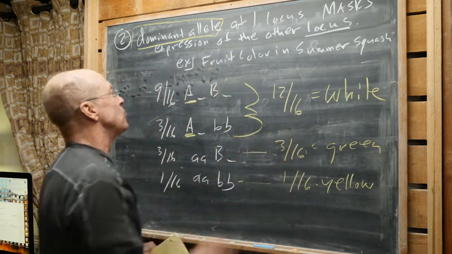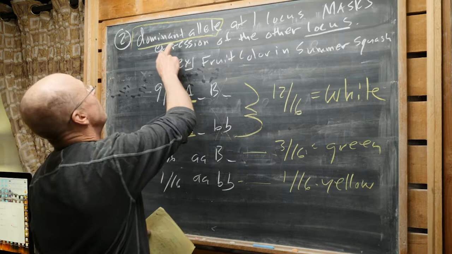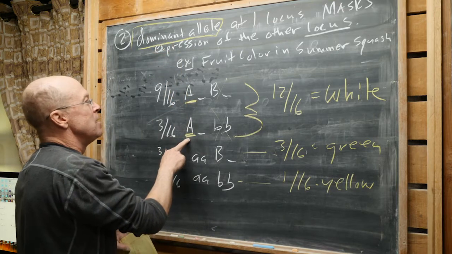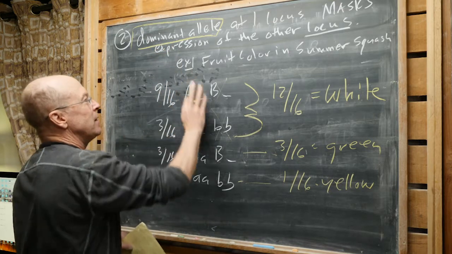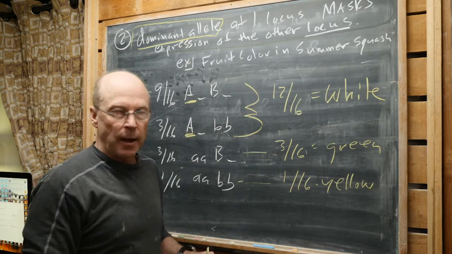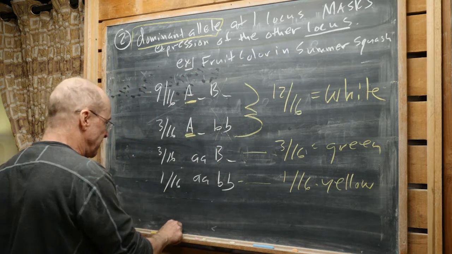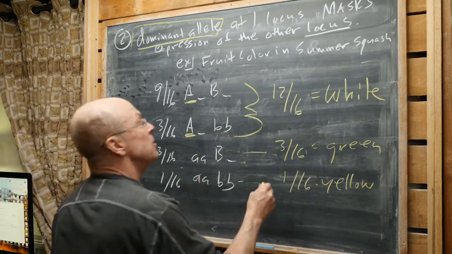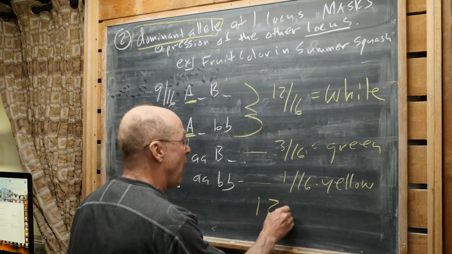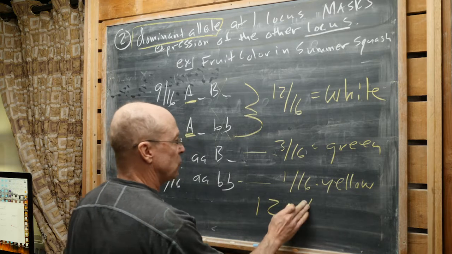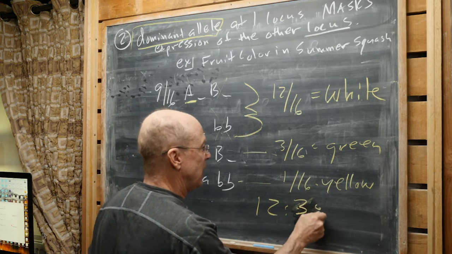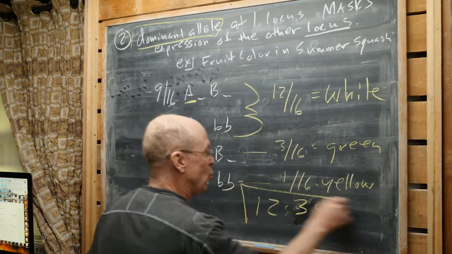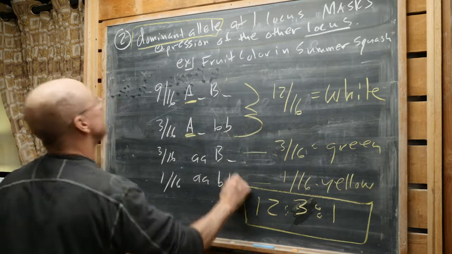So look at that. The white one is because a dominant allele basically wipes out anything that the B locus wants to say. That's another type of epistasis. So therefore, we must be prepared here to identify the 12:3:1 ratio of epistasis.